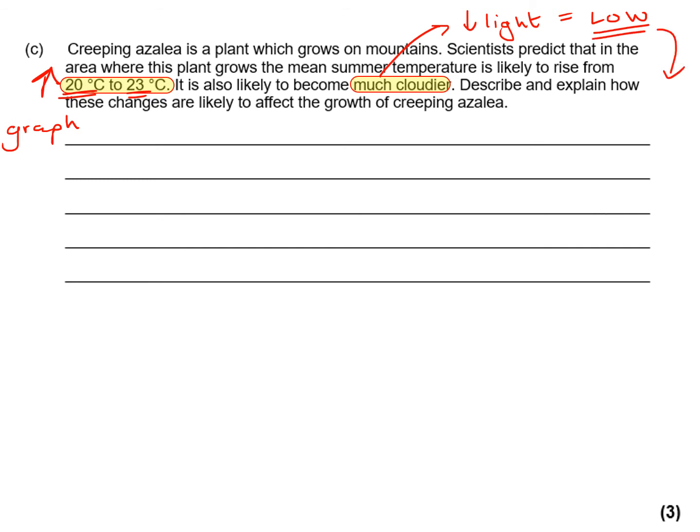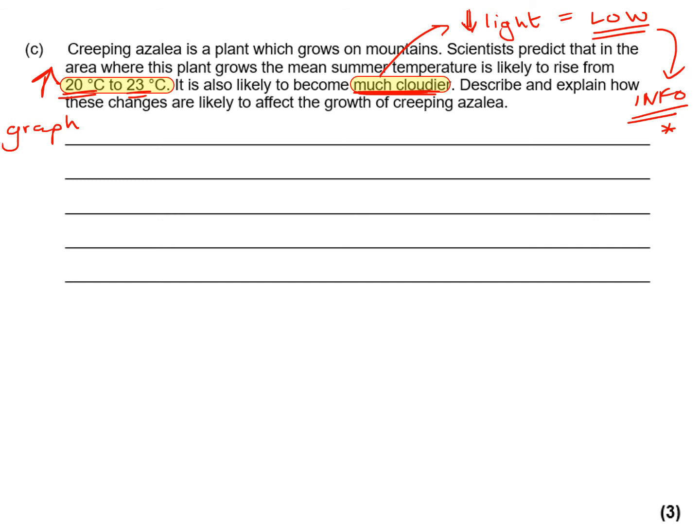Now this is one of the experiments that was done, of which the data is now on the graph. So more cloudy or lots of cloud means low light intensity, and we can use that data as well as the increase from 20 to 23.